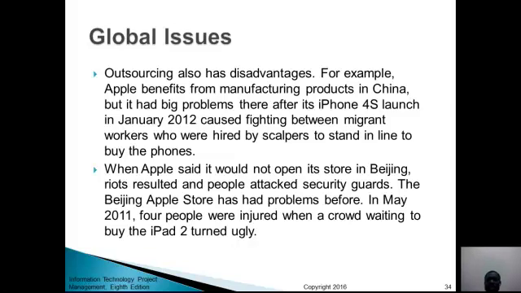So here, Apple is a company in the United States, but it outsources its iPhone products to be manufactured in China. Now, after launching, there was a fight.